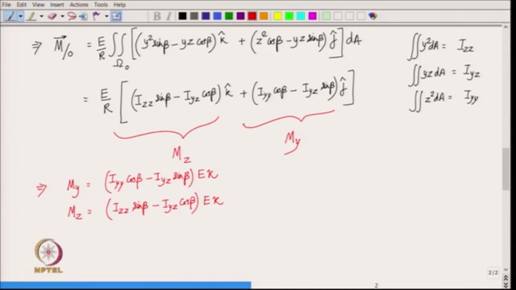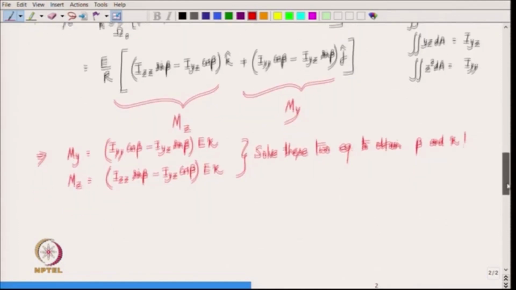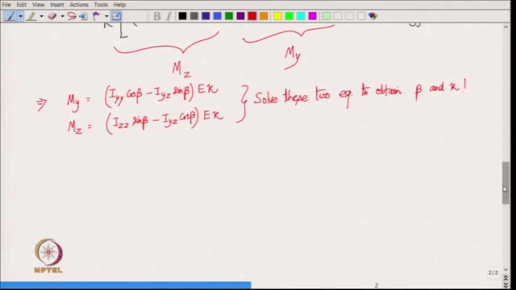Okay. Now, what are the unknowns here? You see, beta, the orientation of the neutral axis, is an unknown, and the curvature kappa is also an unknown, and then we also have two equations. So, solve these two equations to obtain beta and the bending curvature kappa. For example, let us try to obtain beta.